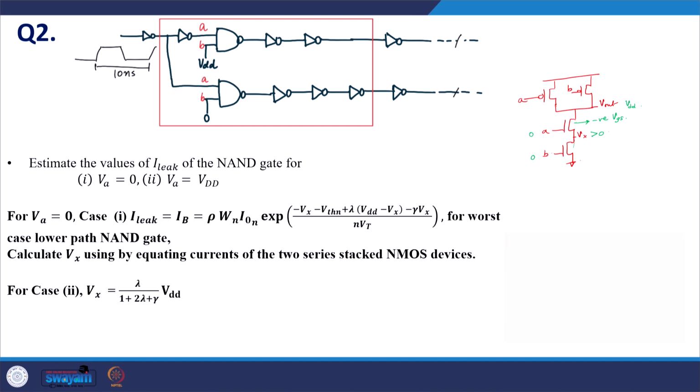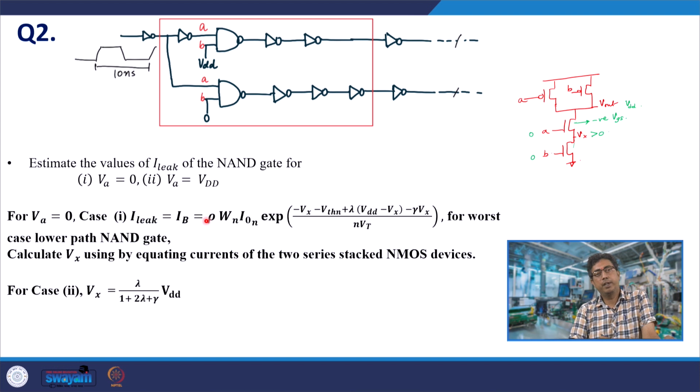Since Vx is greater than 0, this would have a negative VGS, which makes the leakage current extremely small. So, how would you now calculate the leakage current through a device? For example, for device B it is given by this expression, where rho is the value with which the N MOSFETs are sized. Rho is from one of the approaches in Pedram's group's paper that we had discussed in the course. So, what is this rho?